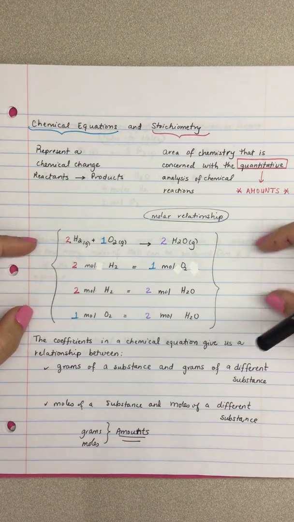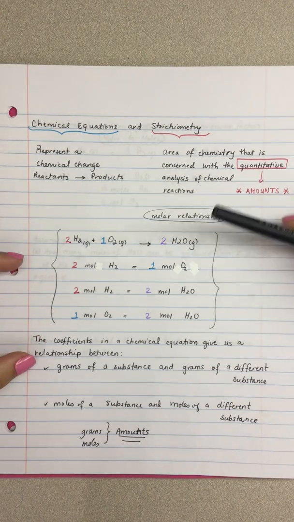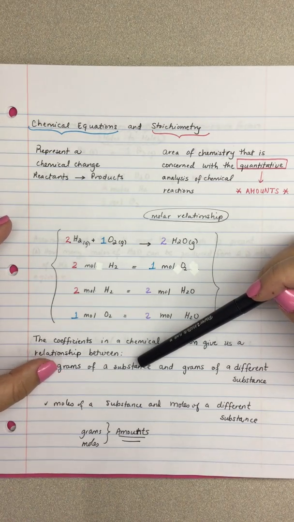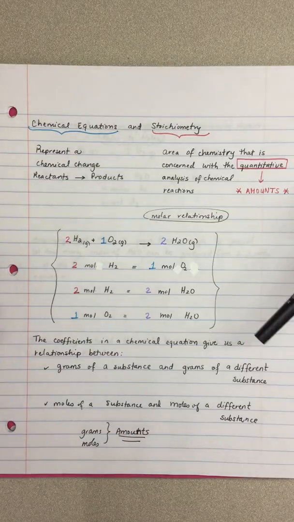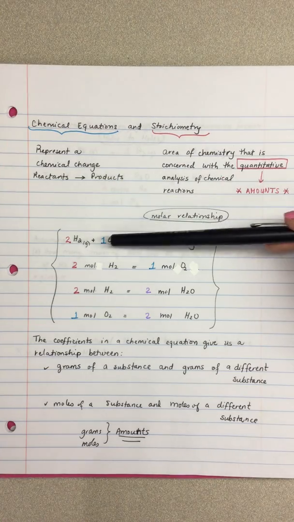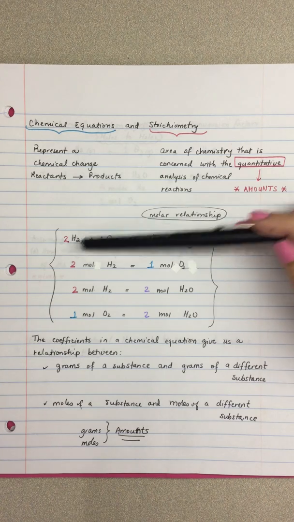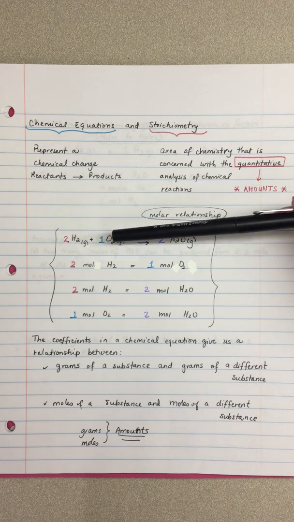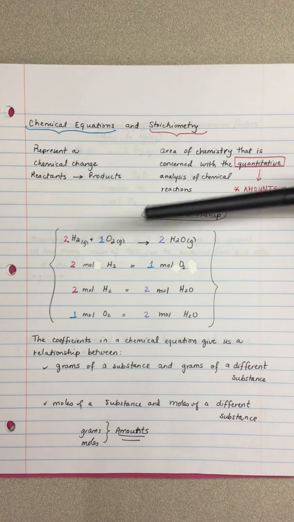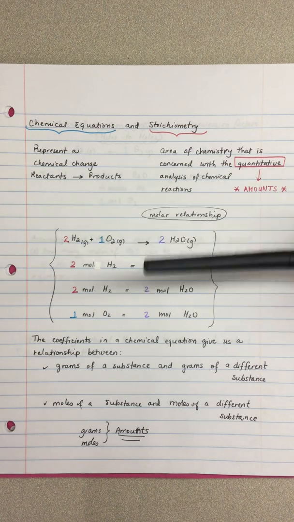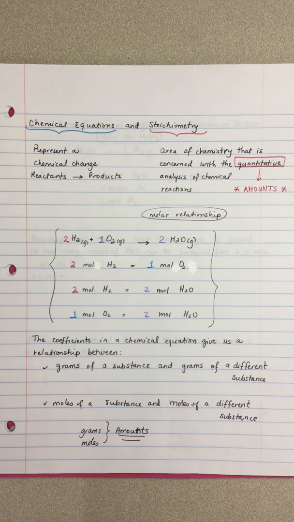So we can use this molar relationship so that, if you're given grams of a substance, you can find grams of a different substance. For example, if you're given any amount of oxygen in grams, you can use the molar relationship between oxygen and, let's say, hydrogen to find out how many grams of hydrogen you need to react with that amount of oxygen.